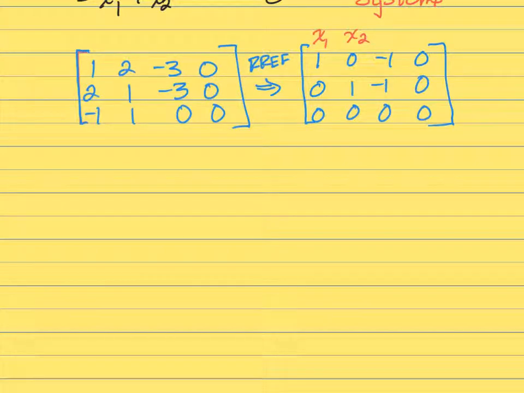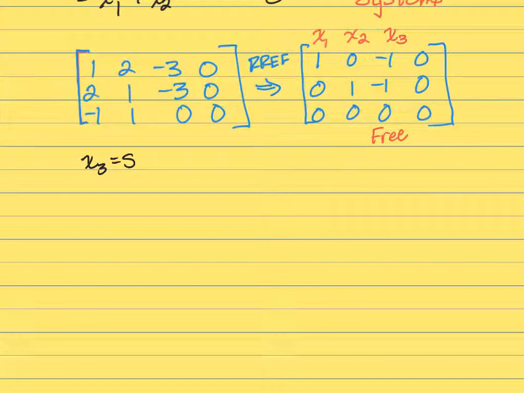So x sub 1 and x sub 2 are basic variables. X sub 3 is free because it does not have a pivot in that column. So you identify that so that you can do this. X sub 3 is going to be just a free variable, a parameter.